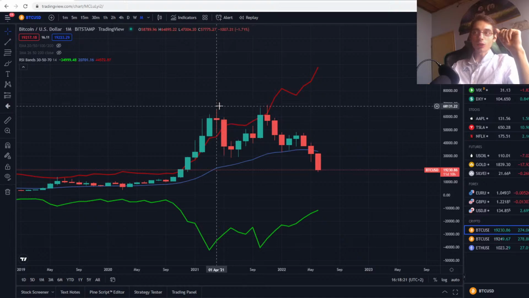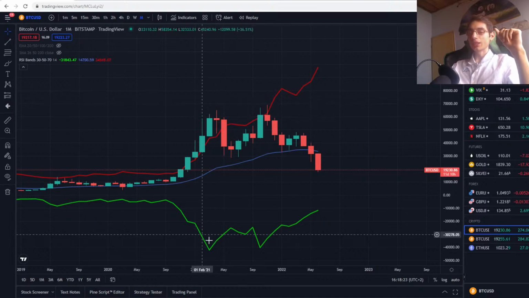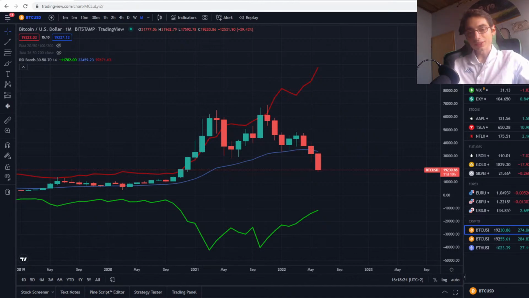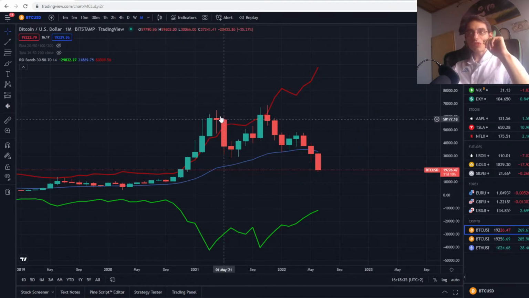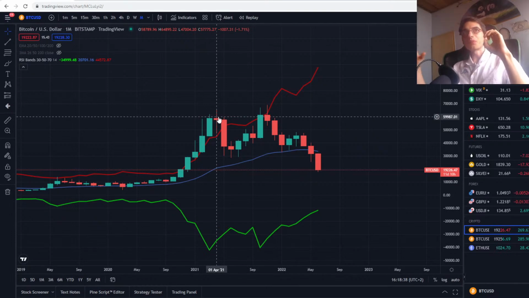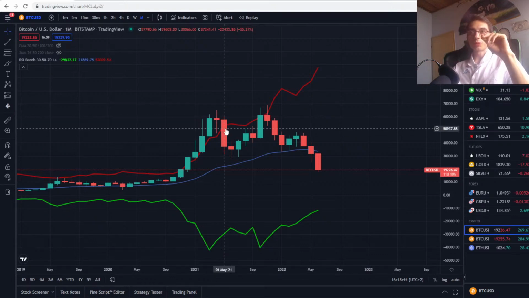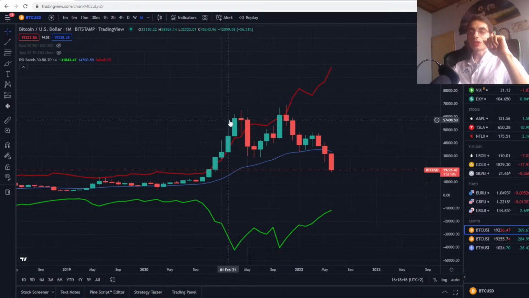This is a candle of insecurity, and it means that the buyers and sellers do not know where the market could be. So, indecision in the price action.